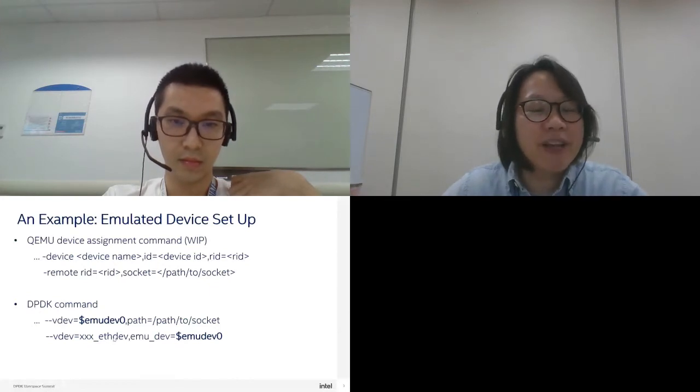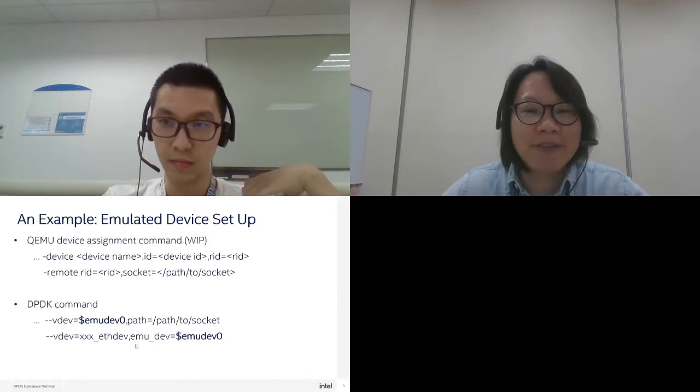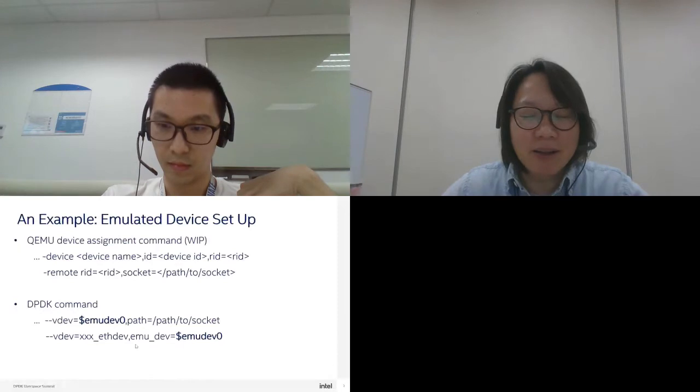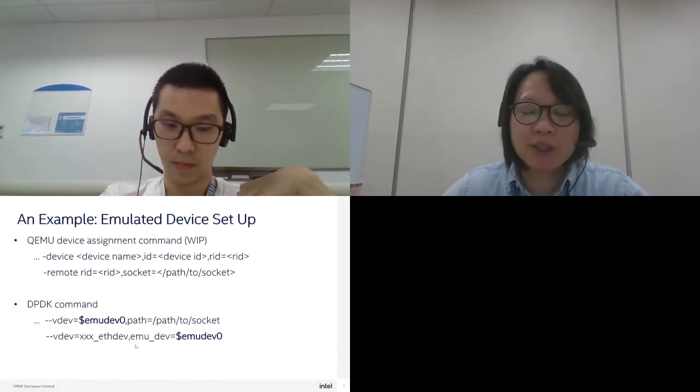Okay, from this example, we get some feeling of how QEMU and DPDK work together to achieve the emulated device setup. But what's the exact thing behind this example? I think the device emulation solution overview might give you some hint.